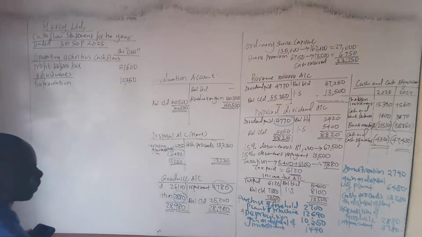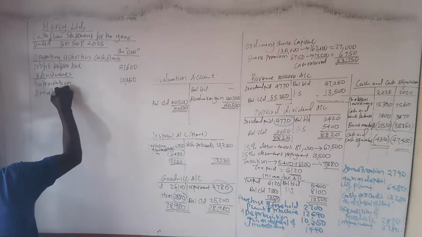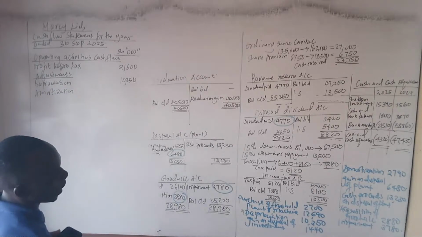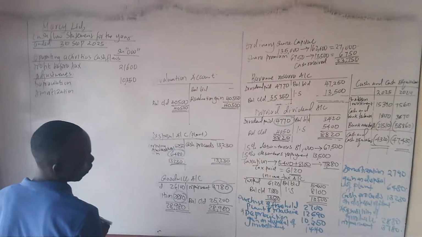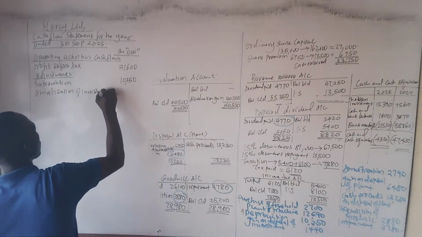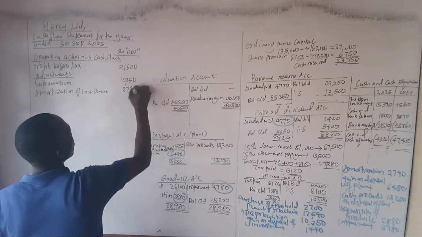Then we can talk about amortization. We add it back, amortization of investment, 2,790.